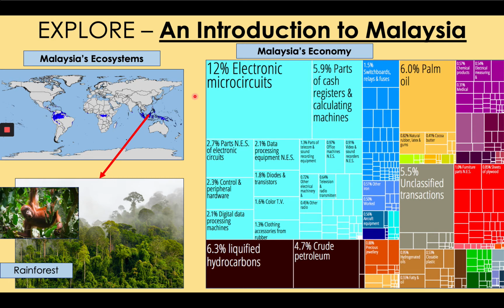Malaysia has rainforest ecosystems, and it makes a large amount of its money from products that come from either underneath rainforests or from the rainforests themselves, and that is the main reason why the rainforests of Malaysia are under threat. For example, one of Malaysia's biggest exports is a product called palm oil. Let me show you why this is a problem.